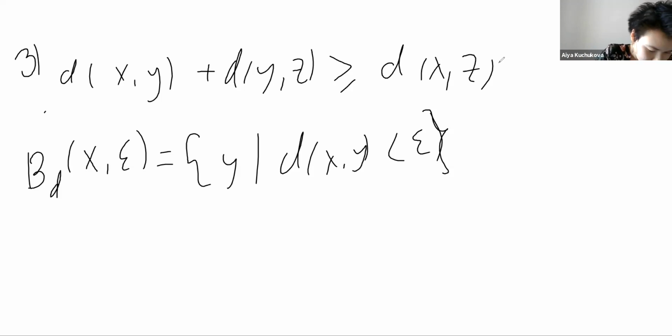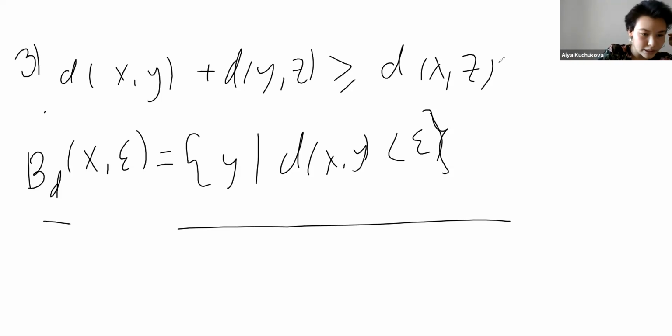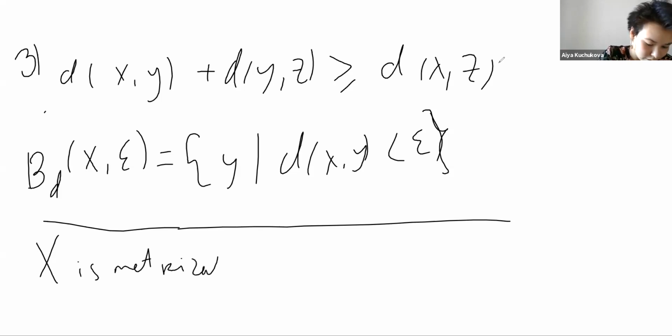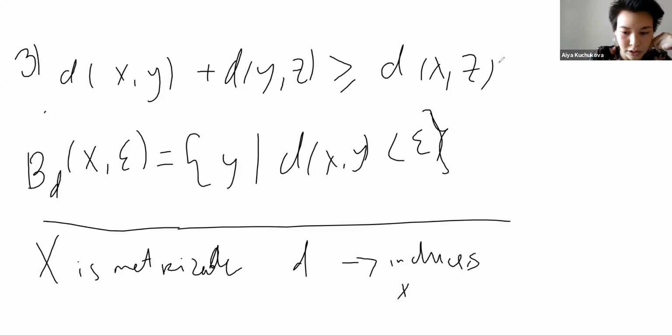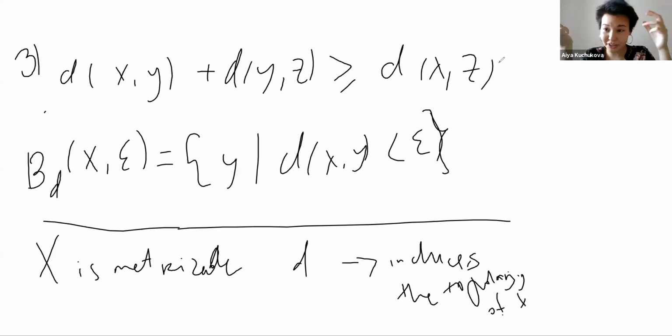Then a specific thing we want to be true is, if X is a topological space, we say that X is metrizable if there exists a metric d on the set X that induces the topology of X. So as we understand from the definition, not everything is metrizable, but a couple of nice things are.